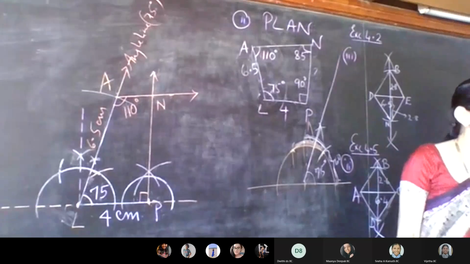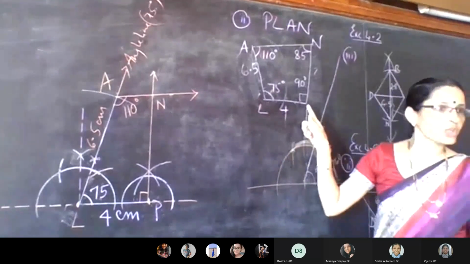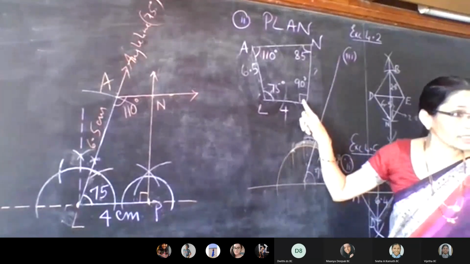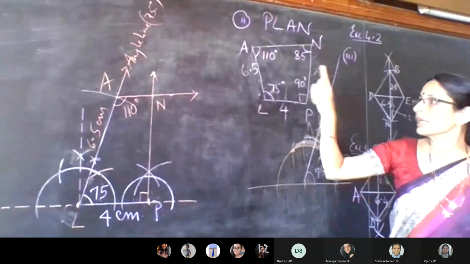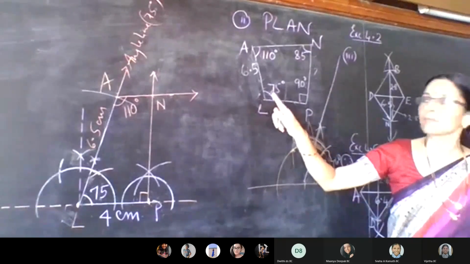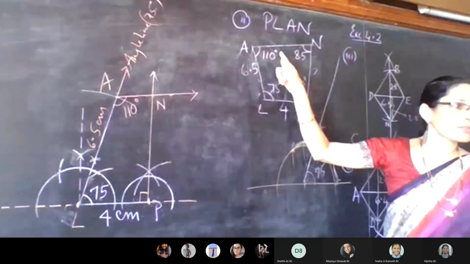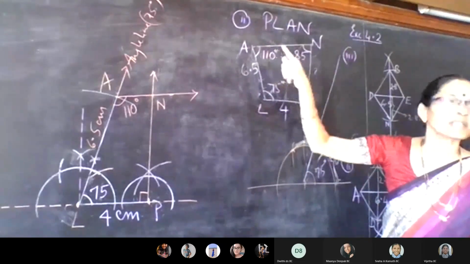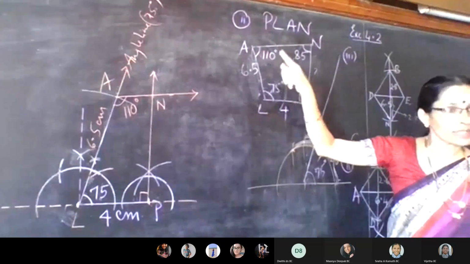How many understood this? Okay, once again go through the same thing. I will explain. First draw 4. Construct 90-degree. If you are not very clear, please learn from the 6th standard textbook. Construct 75-degree. Draw the angle line, then cut that to 6.5. At that point, draw 110-degree, not constructing, with the protractor.